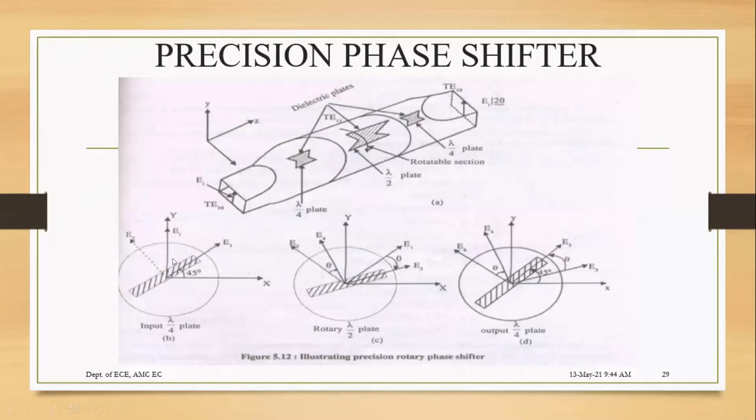So EI, the incident wave, is decomposed into two transverse components. One is E1, which is the polarized parallel component. The other one is E2, which is perpendicular to the quarter wave plate. So you have two components decomposed: E1 is the parallel component, and E2 is the perpendicular component to the quarter wave plate.